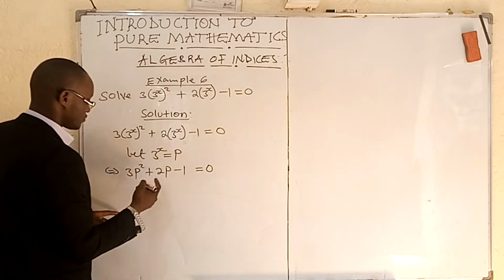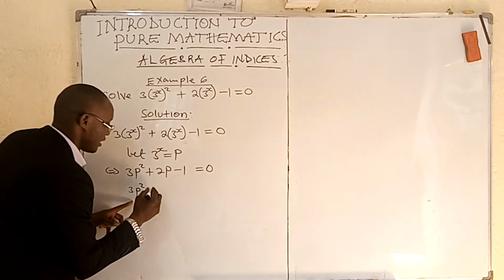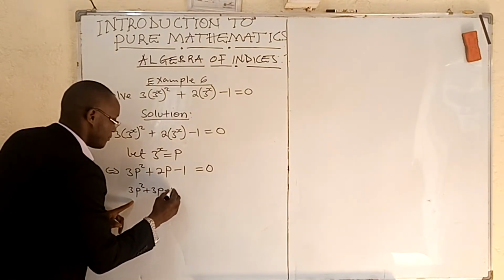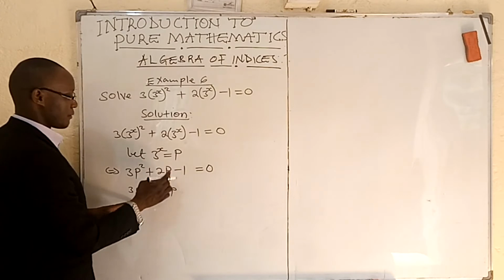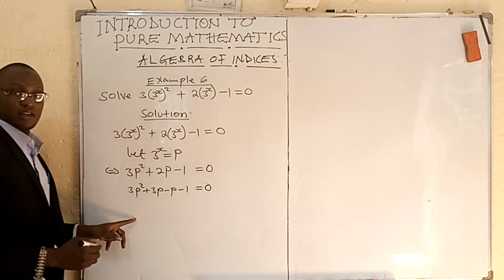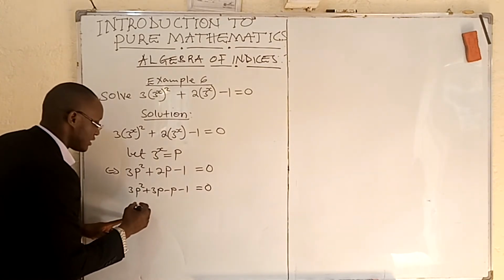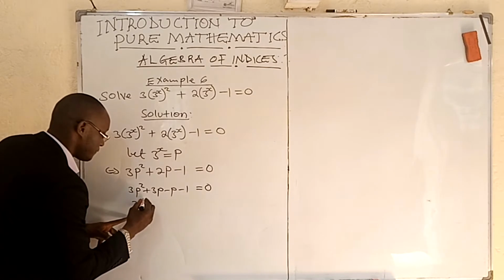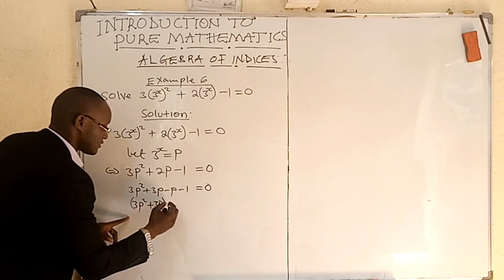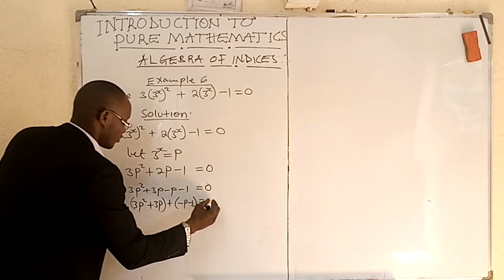So when we substitute here, we shall have 3p squared, plus 3p, then minus p, which will give me a positive 2p, then minus 1 is equal to 0. So from here, I will enclose each in brackets and then add. So 3p squared plus 3p in brackets, then plus negative p minus 1 is equal to 0.